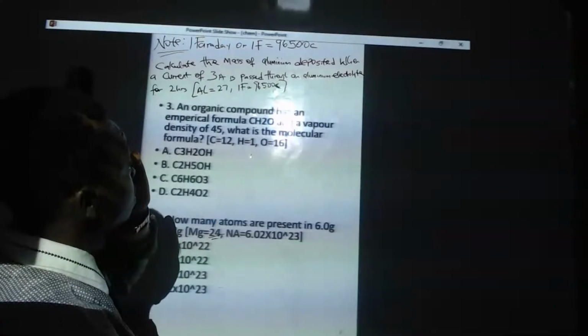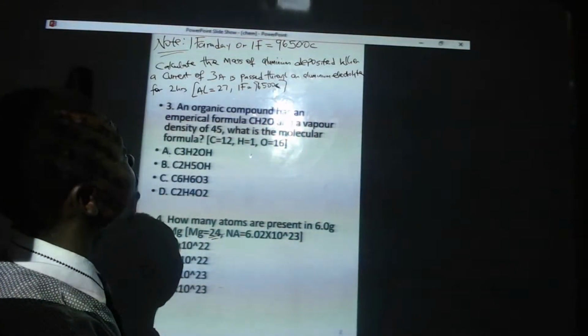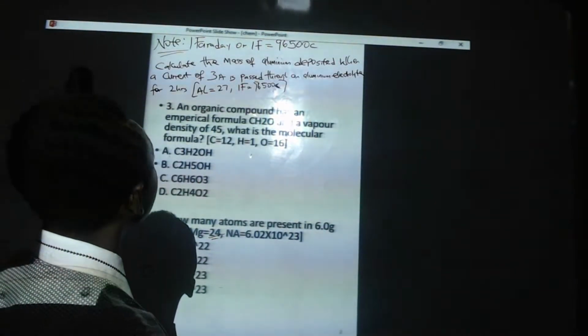Now this time around, they say we should calculate the mass of the aluminium deposited.